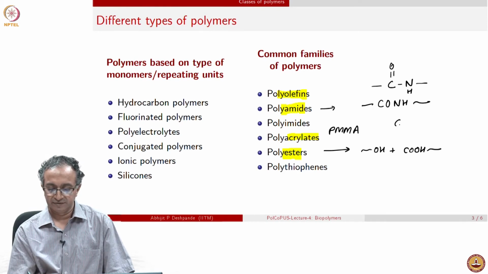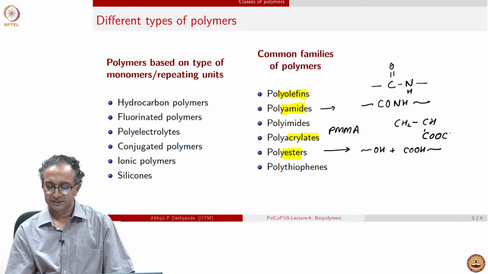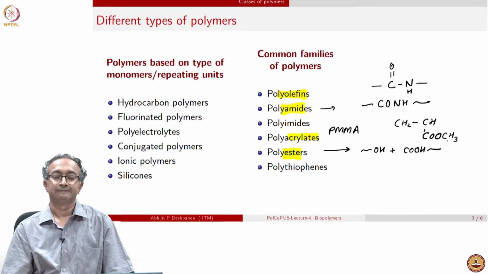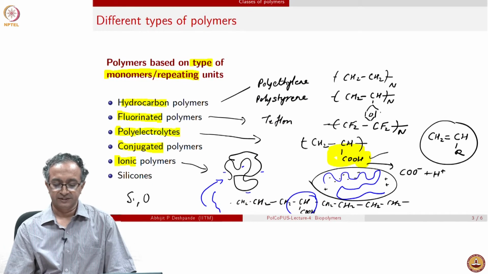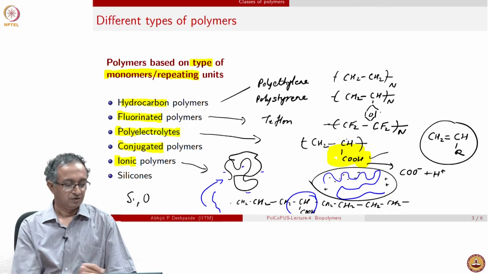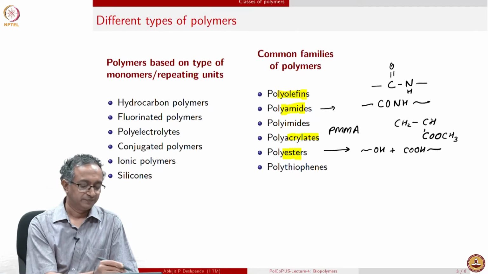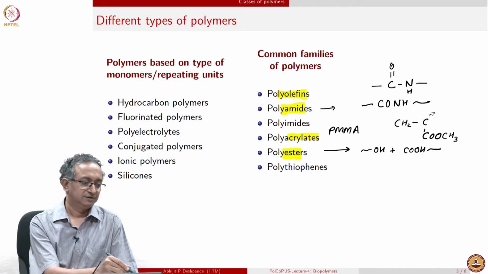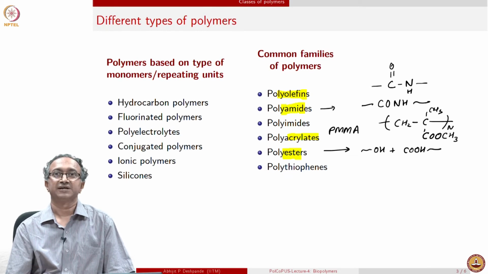So as you remember from the last slide, this is the acrylic group, but instead of that, if we have, so this becomes methacrylic. And just to remind you, instead of a hydrogen which was there on the polyacrylic group, if we have a methyl group, so we remove this hydrogen and then we add, so methyl methacrylate.